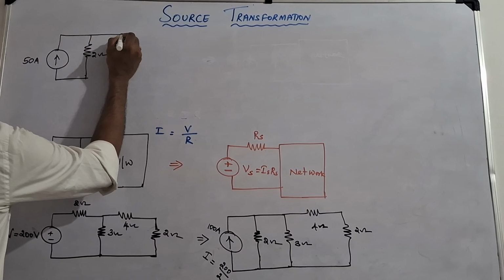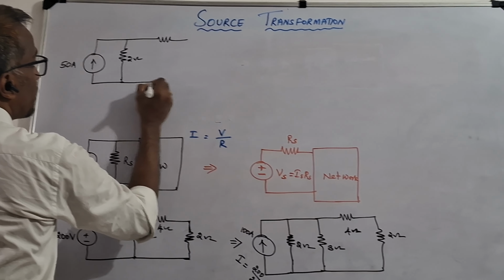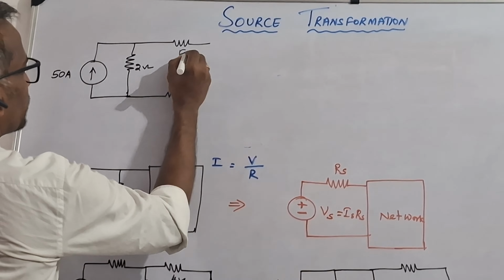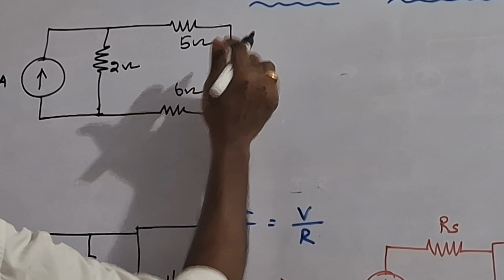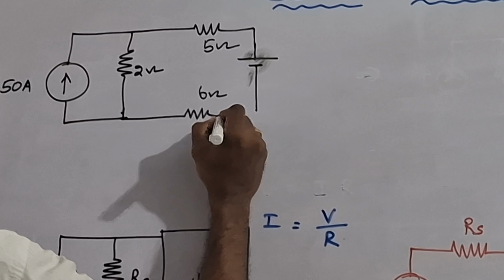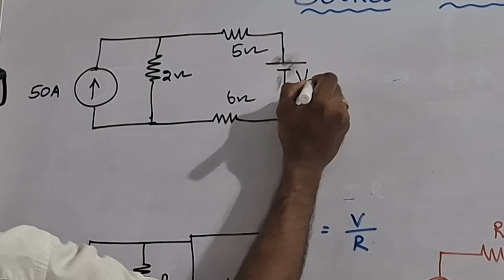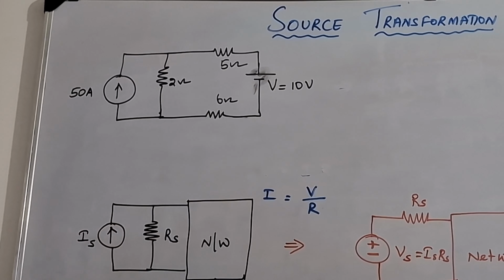Then we have other circuit components, 5 ohm and 6 ohm. Then here one voltage source, assume V is equal to 10 volt.